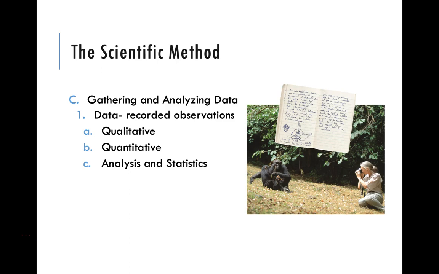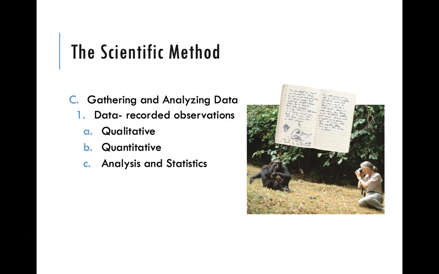As part of the scientific method, you are going to be gathering and analyzing data. Data is simply any set of recorded observations. There are two major types. There are qualitative observations, and those are observations that describe what is being observed. Generally there are no numbers involved.